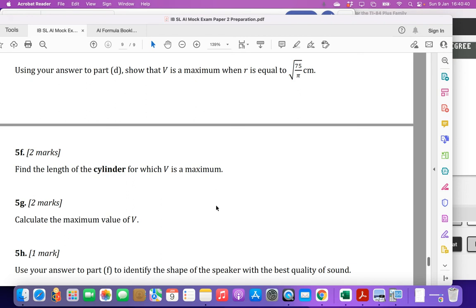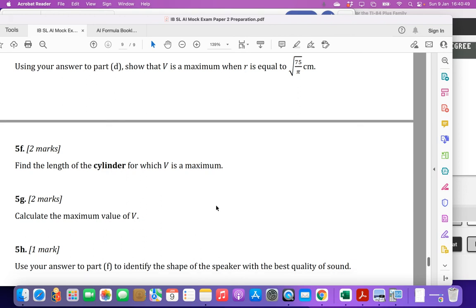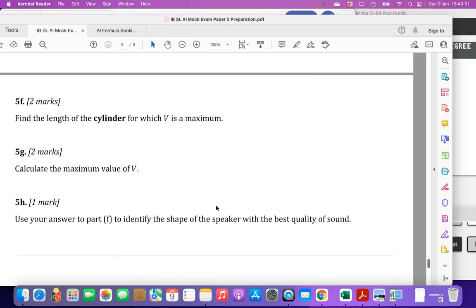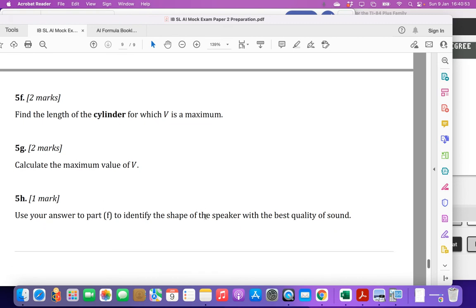And then the length, we're going to use the value that we got from question F. So the shape of the speaker is as given, and it's actually dimensions they should be asking for. Okay.